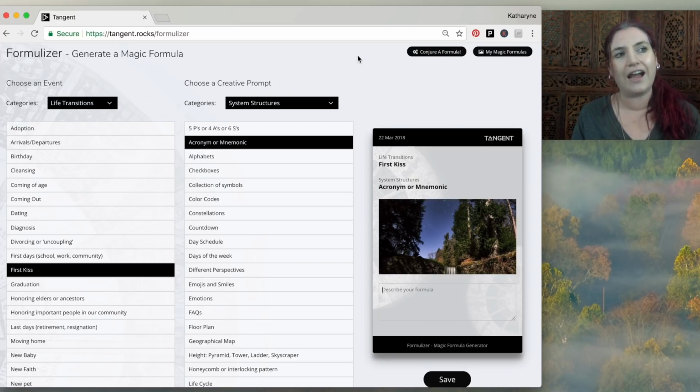How do you put an acronym into first kisses? My thought would be dating guides for kids, perhaps for teenagers. Maybe you could create an acronym, because I'm thinking about trends right now and Me Too, and the concept of consent is very important for teenagers. When you're educating teenagers, you talk about consent. So maybe you could create an acronym around the idea of consent.